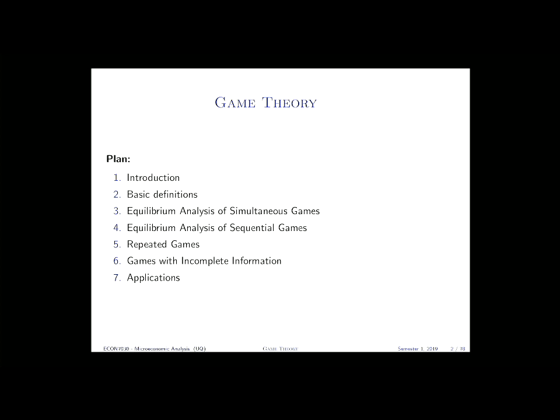We started with the basic notations of games. How do we describe a game? How do we draw a game? We discussed two major ways that one can represent a game. One is the extensive form. The other one is the normal form or strategic form.